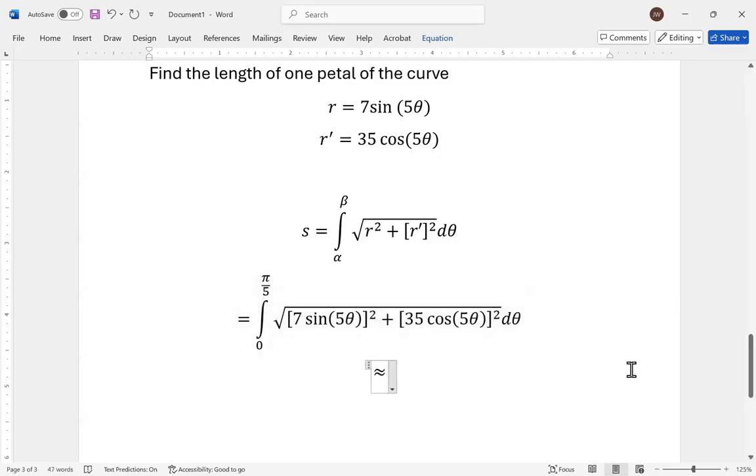Let me move out of the way there. And then that's something I'd probably just type into my calculator, which obviously you could try to do some simplifications. The simplifications on this are not nearly as easy to do as the simplifications on the previous couple of examples.